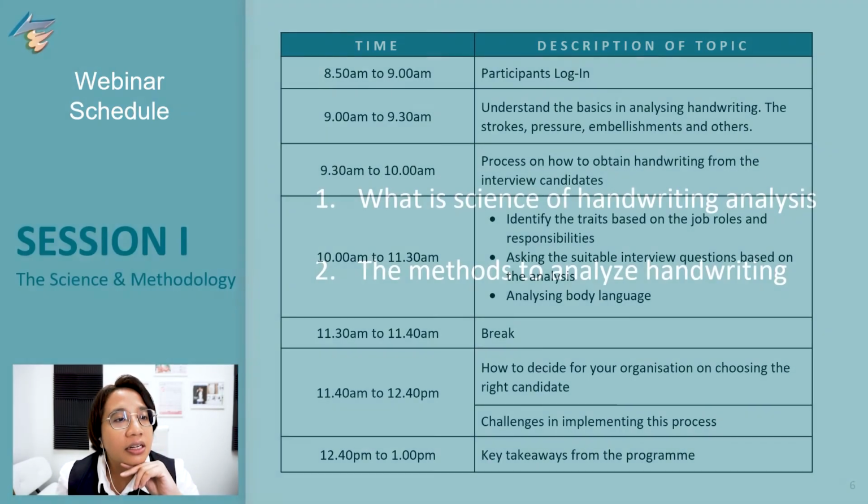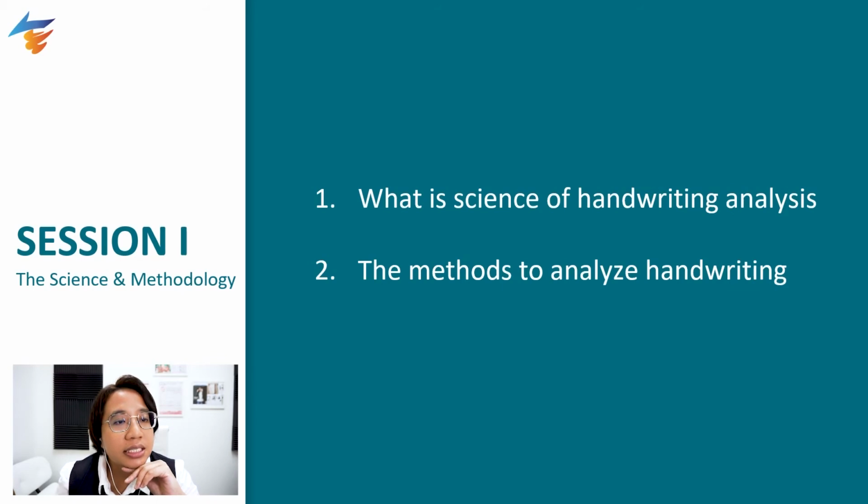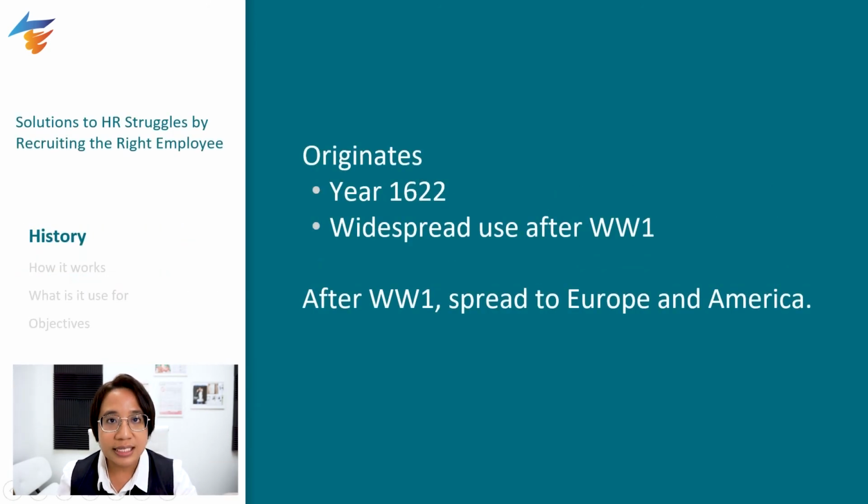So let's start on session 1, which is the science and methodology of handwriting analysis, and how you are going to analyze handwriting. As on the screen, I've highlighted that this science has existed since the year 1622. It's centuries old, and it's very popular in Europe and America, and even in Asian countries.